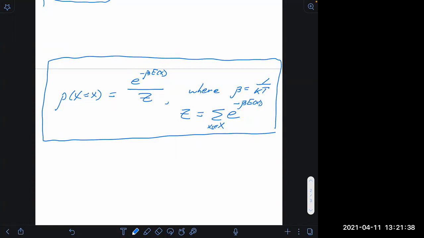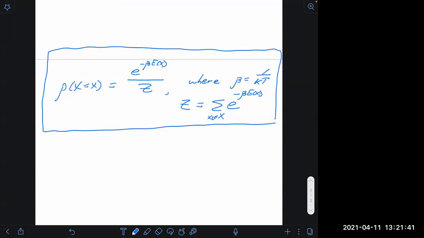Cool. So if, from this probability distribution, you wanted to describe the expected value of energy, the expected value is by definition just the sum, over states, of the probability of being in a particular state times the energy of that state.